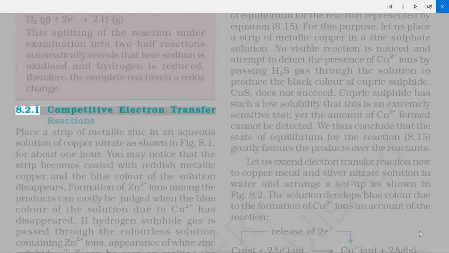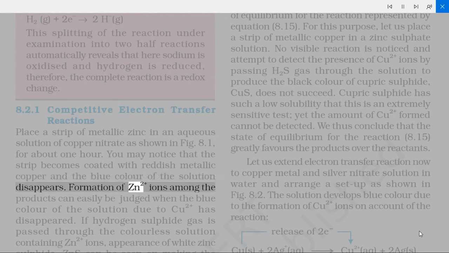Competitive electron transfer reactions: place a strip of metallic zinc in an aqueous solution of copper nitrate as shown in Fig. 8.1, for about 1 hour. You may notice that the strip becomes coated with reddish metallic copper and the blue color of the solution disappears.